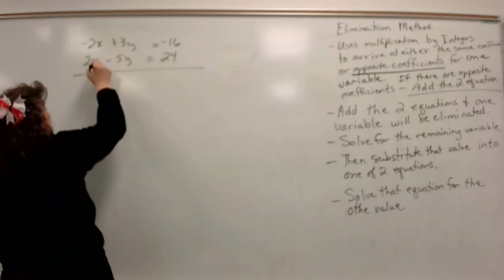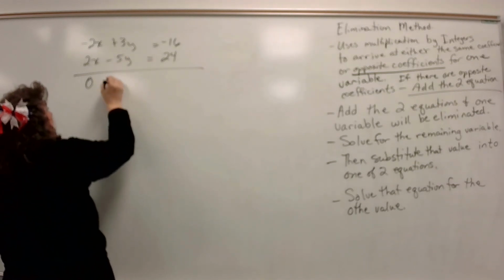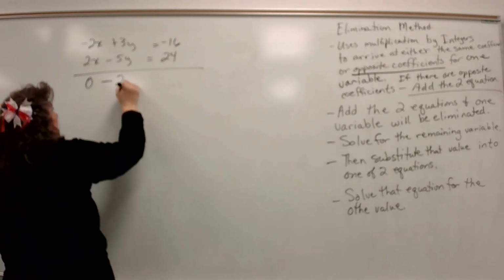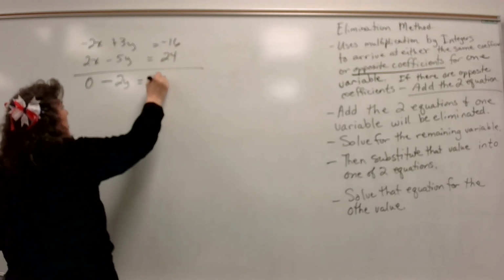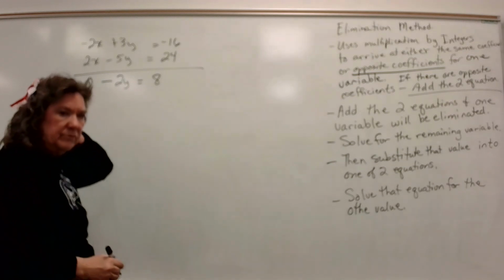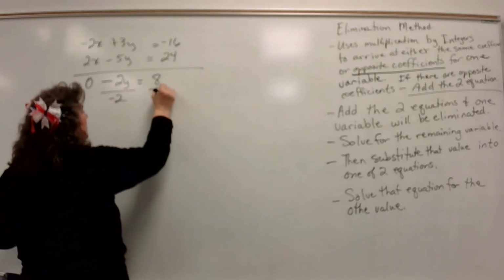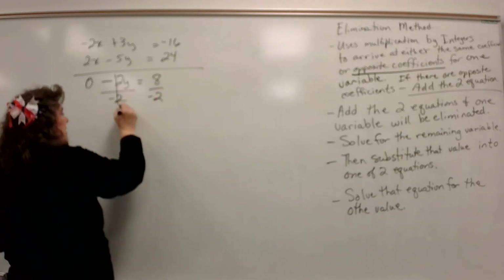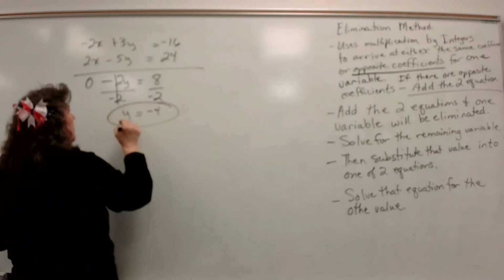Negative 2x plus 2x is 0. 3y minus 5y gives you a negative 2y, and it's equal to negative 16 plus 24 is a positive 8. Okay? Now, divide by negative 2, because we're solving now for our y. Y is equal to negative 4. That's one of your values.